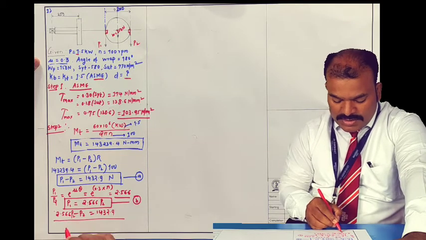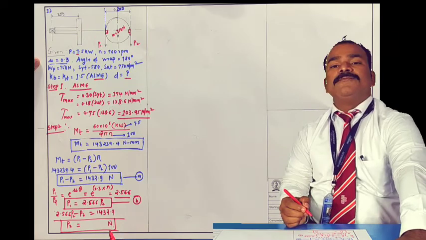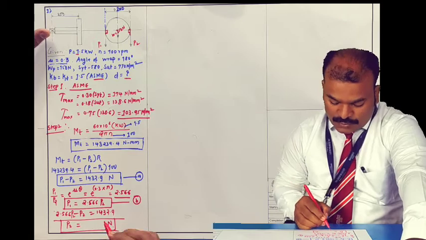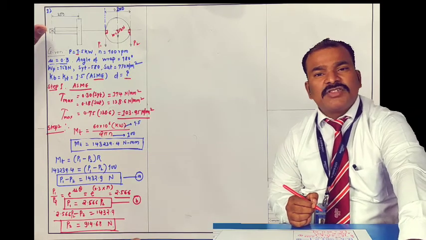So here I'll get P2 is equal to, just try to find out, it is in Newton. P2 is 914.68. This is the tension on the slack side.